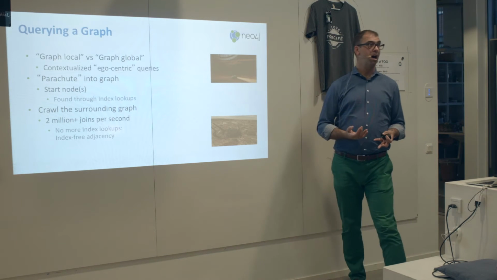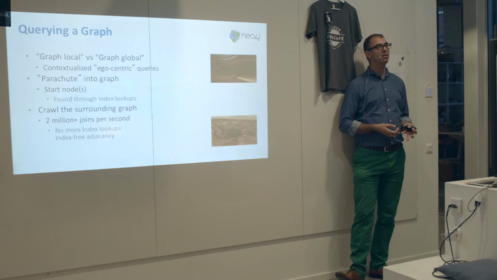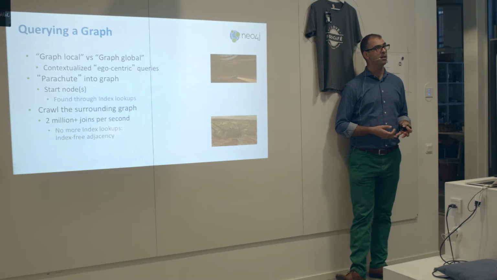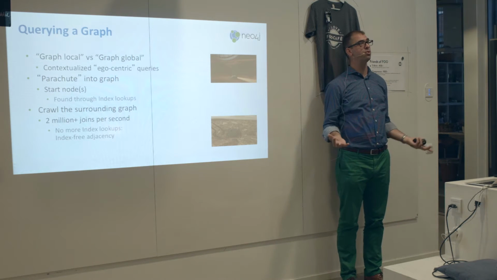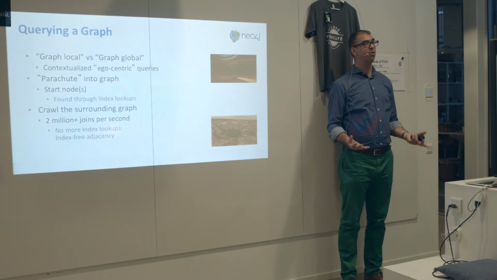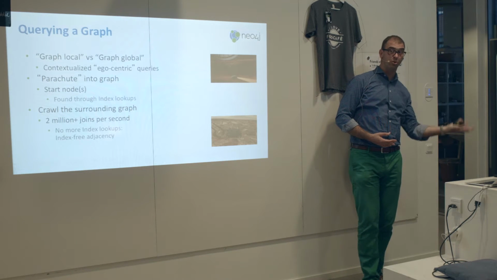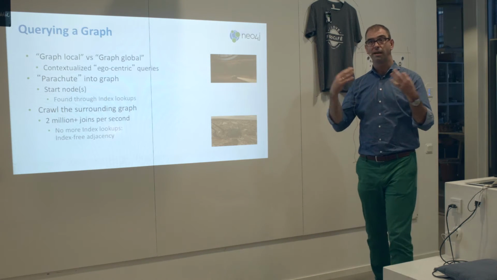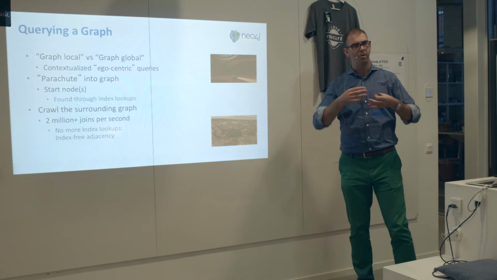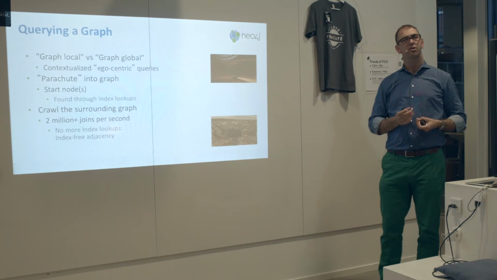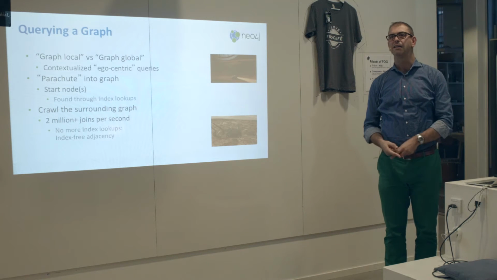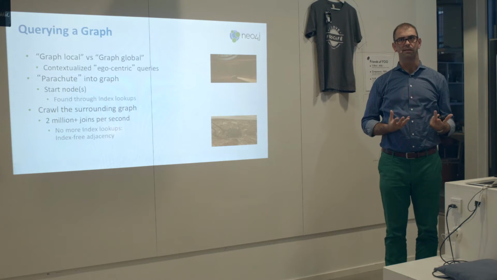Global queries are your typical OLAP style operations, where you're looking at the entire network and you're trying to do something with that network. You're trying to find new structure, calculate rankings, find clusters, communities, whatever you're trying to do, but you have to look at the entire network in order to do the operation, right?